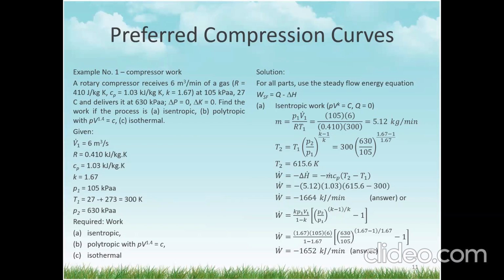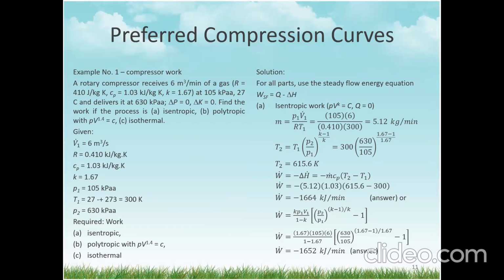Yung mass mo dito, ito yung nag-circulate na kasi may kasama na may dating na isang mass sa loob. Okay? So, R is 0.410 kilojoule per kilogram Kelvin. Cp is 1.03 kilojoule per kilogram Kelvin. K is 1.67. P1 is 105 kilopascal. T1 is equal to 27 plus 273 is 300 Kelvin.